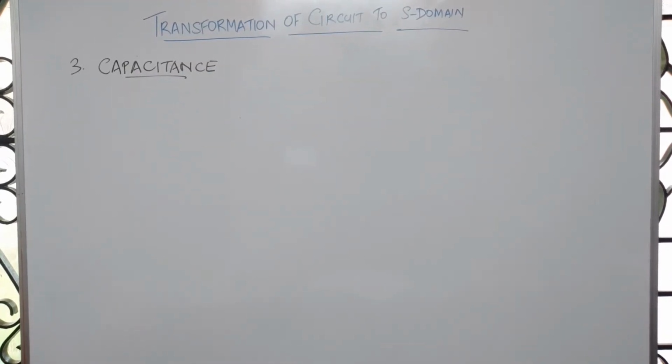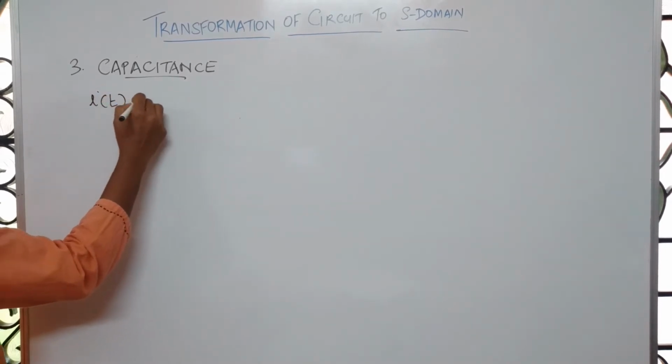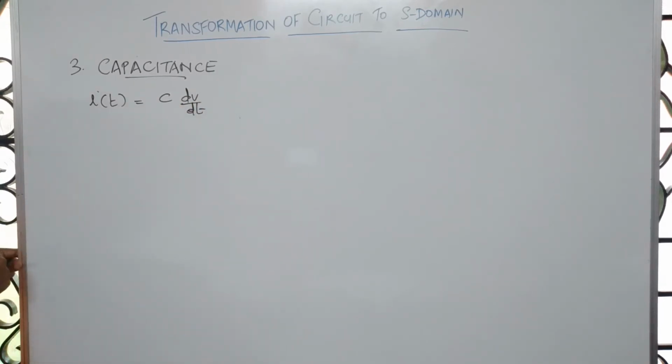Next is capacitance. We will start with the equation for current. Current flowing through a capacitor, i(t), is equal to C into dv/dt.